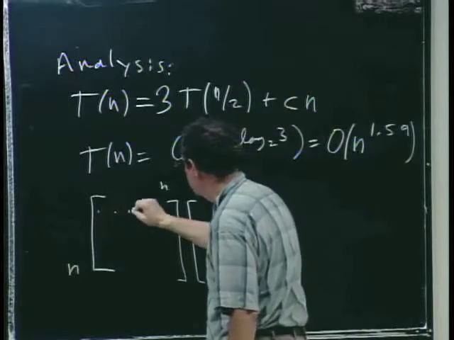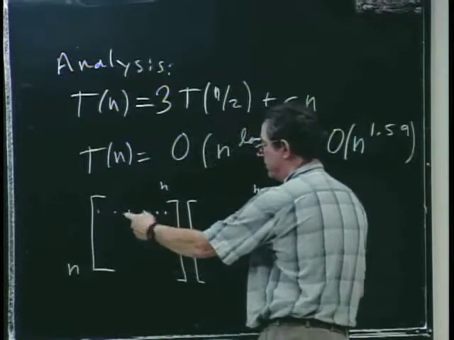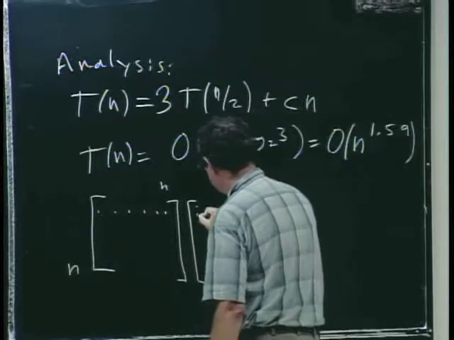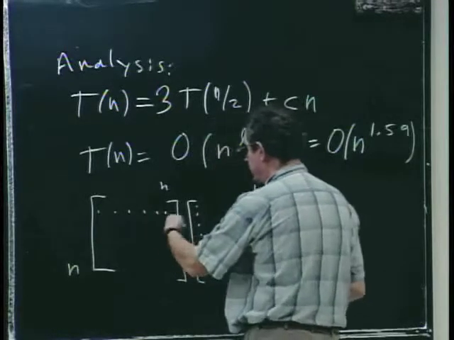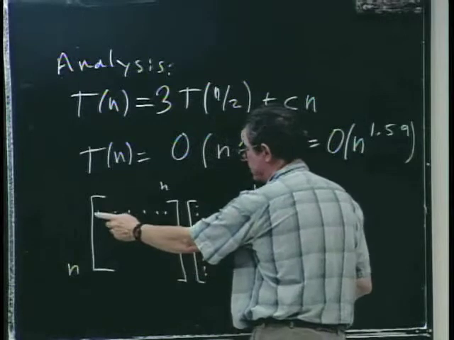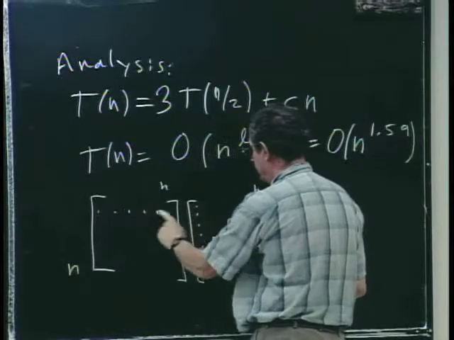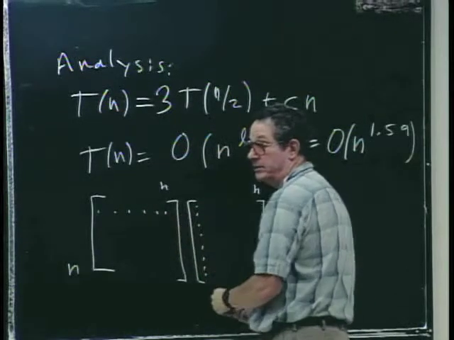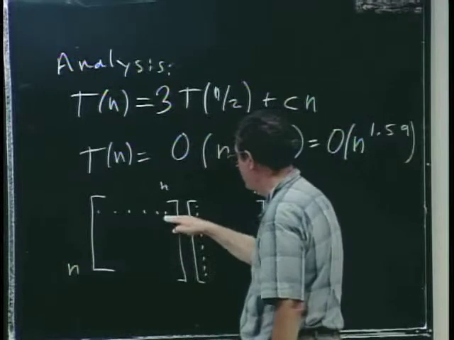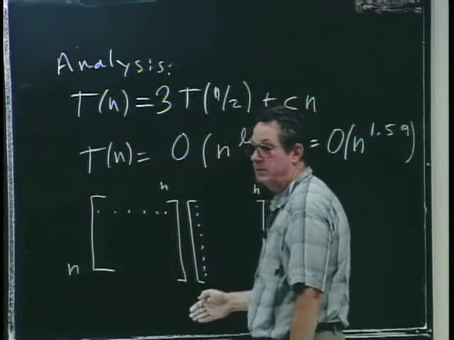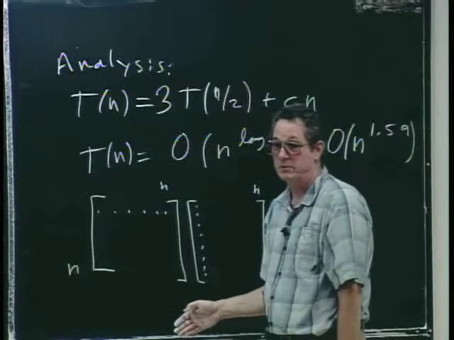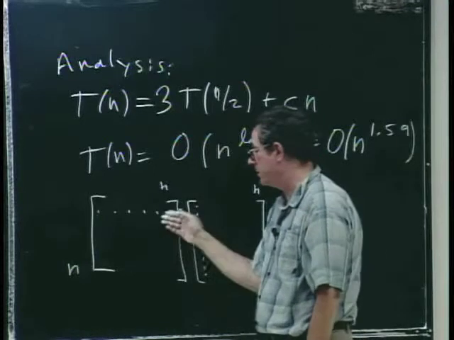Because we have n individual numbers in each row, and each row is multiplied by each column. So this is multiplied by that, this is multiplied by that, and so on. So for each row and each column, you end up with n individual multiplications and then n minus 1 additions.